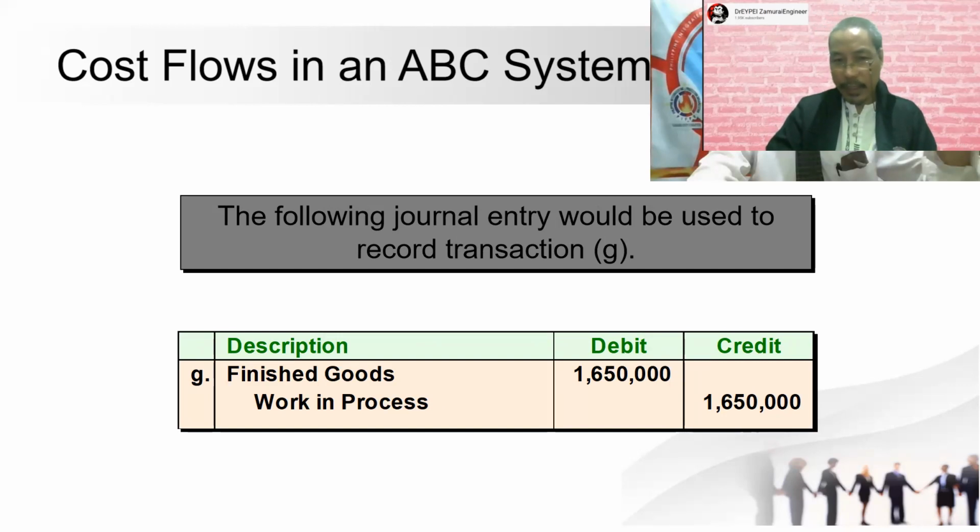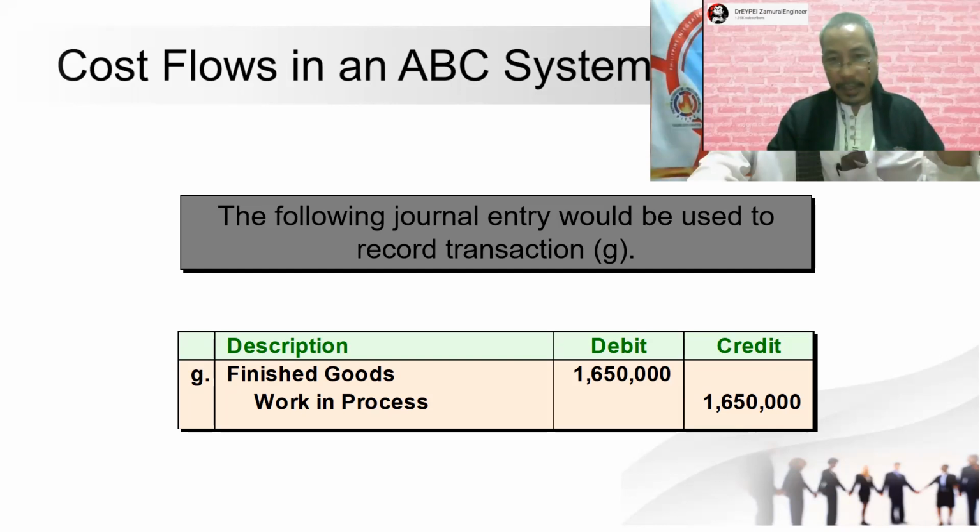So meaning to say, all of the work in process is now transferred to finished products. There will come a time that all those products being manufactured will be finished, and that is called finished goods. Okay, so those are journaling. So that is the flow.